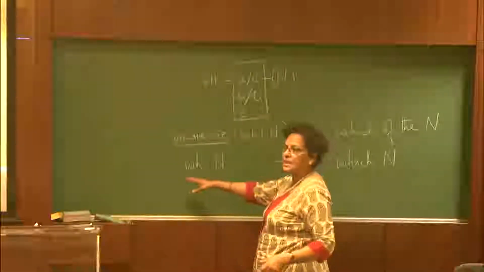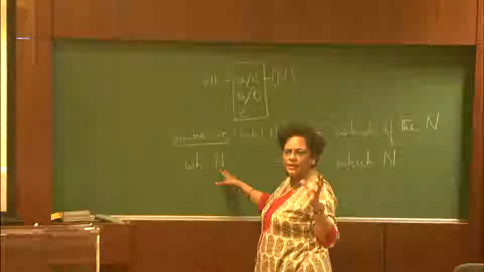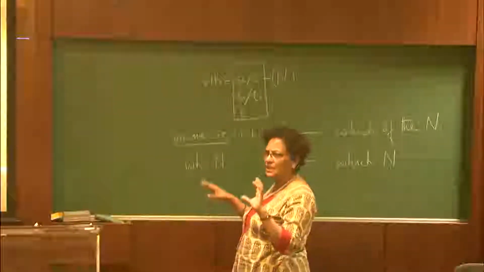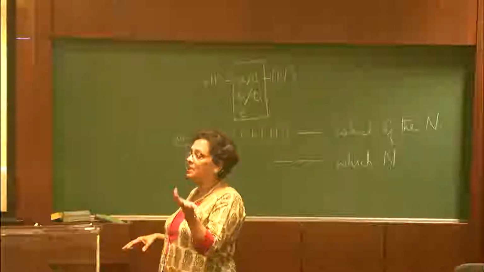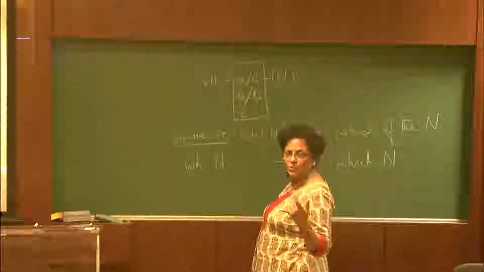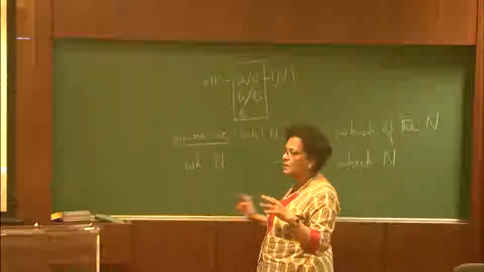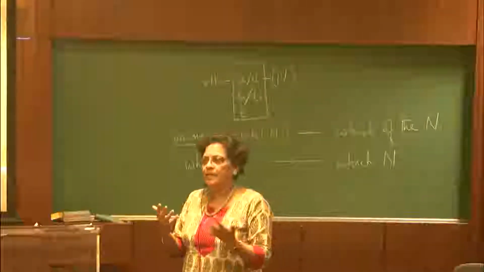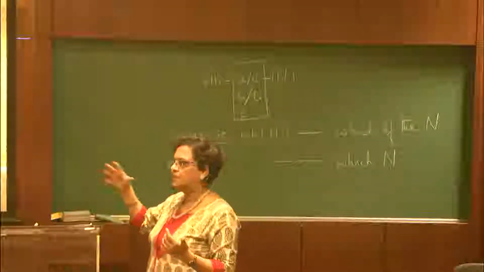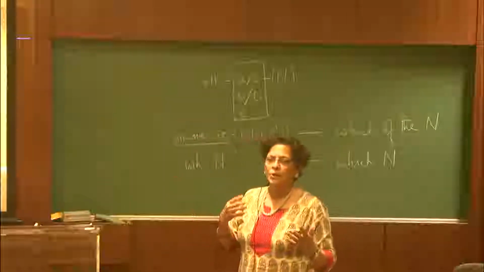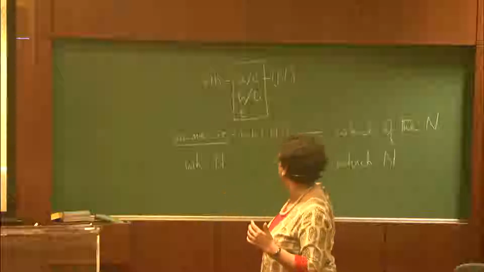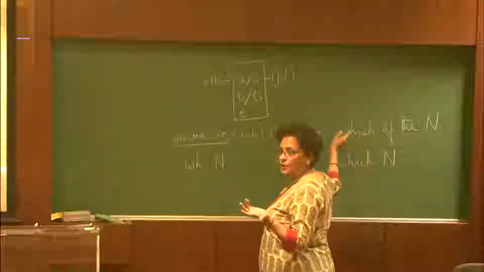We have forms like WH-N, and in some languages they came in two versions, one that looked more like which, one that looked more like who, that could stand on its own. So that's fine, we could either say which N or the other version would be who N. So people can look at it and say, okay, in these South Asian languages you can combine who also with a noun phrase. And this, of course, is an overt partitive.